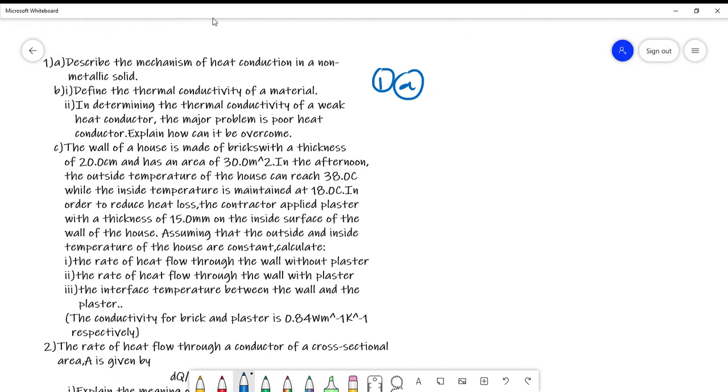So an insulator has only one way of heat conduction, which is the vibration of the lattice atoms. What we need to do is list out the mechanism of heat conduction by the vibration of lattice atoms.